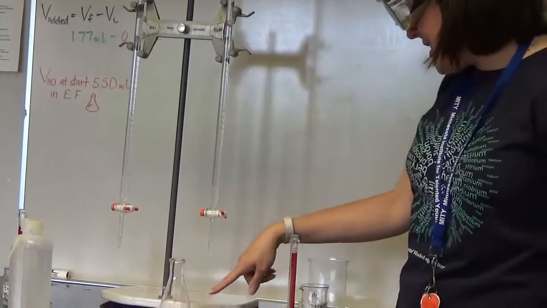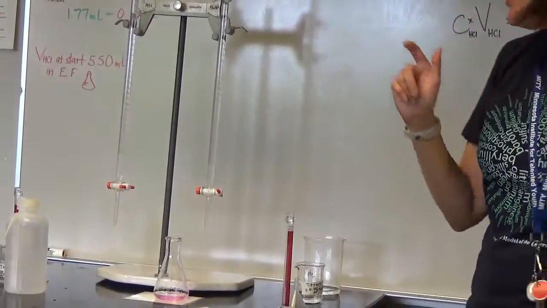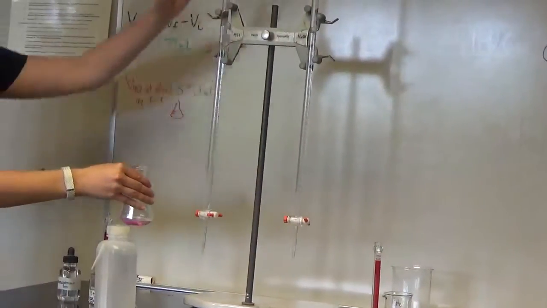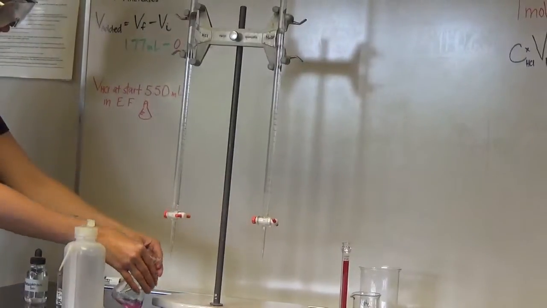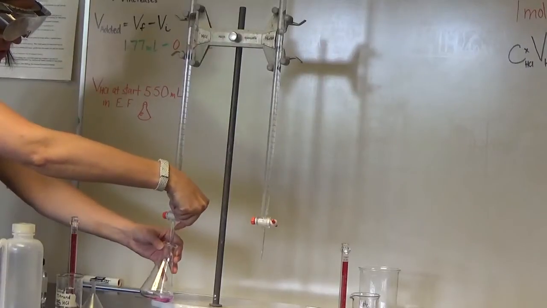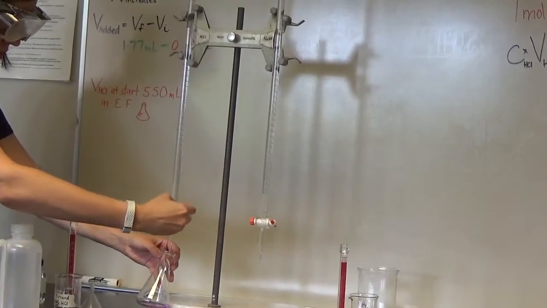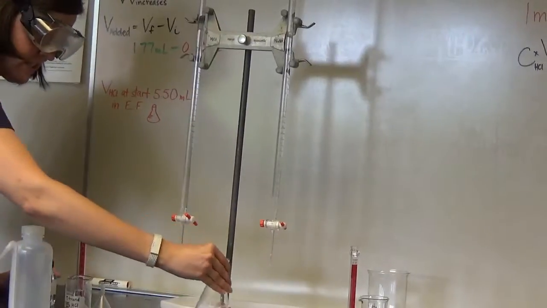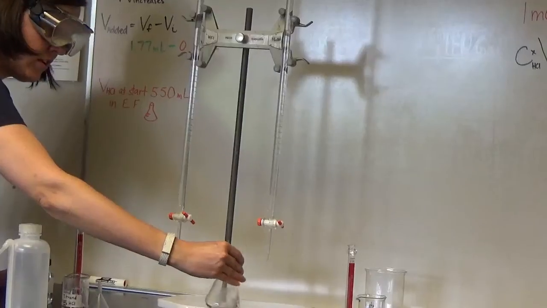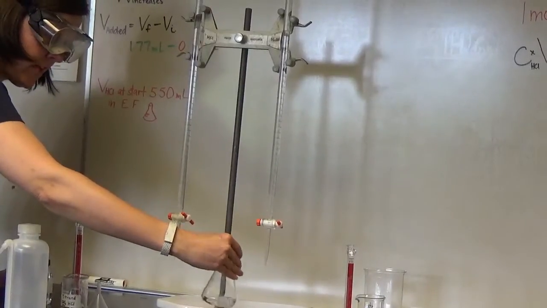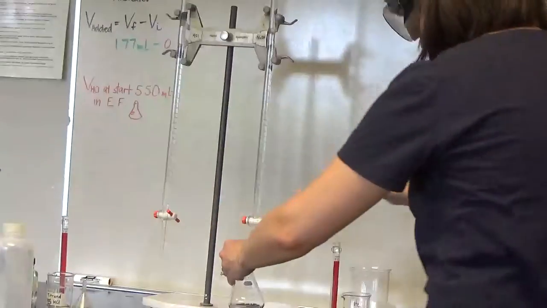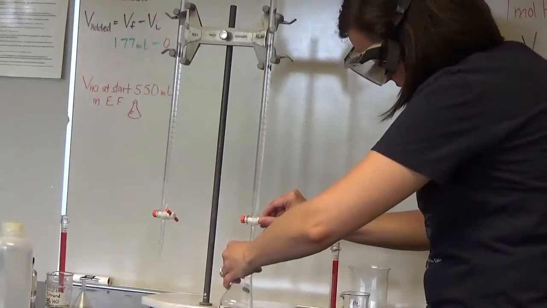Now, if I did go just a little too far and I wanted to go back to colorless, I would take this over to the HCl one. I would record my initial volume. I would add enough HCl to get it either to that beautiful light, almost colorless pink, or if I wanted to go completely to colorless, I could, and then add that one more drop of NaOH to hopefully get it to a very faint pink.